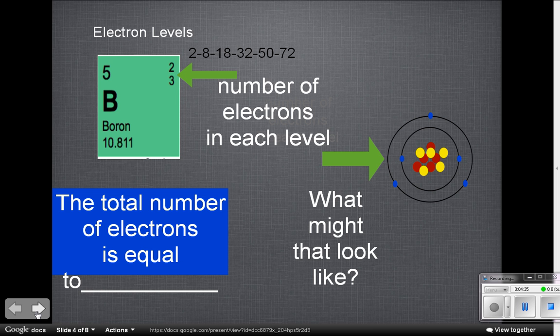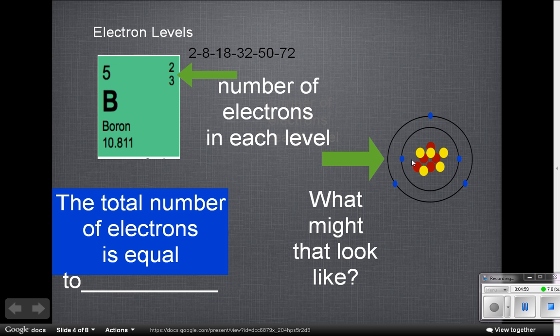Let's keep going. Alright, some brand new information. Electron levels. Okay, so we know up here that this is the atomic number, and the atomic number is equal to the number of protons and the number of electrons.